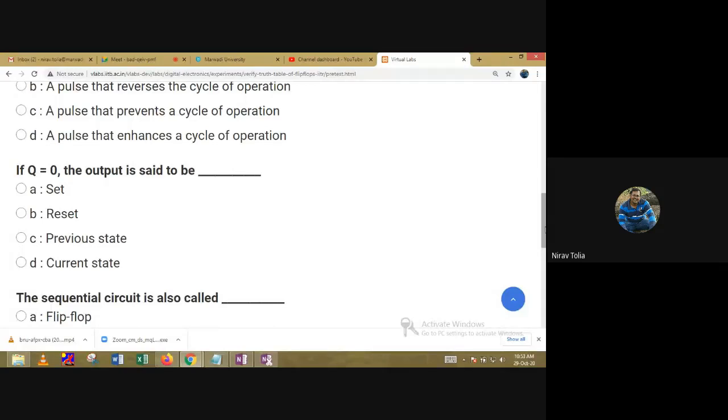Now the third one: if Q is equal to 0, the output is said to be set, reset, previous state or current state. Okay, so most of you are giving the answer that it is set.